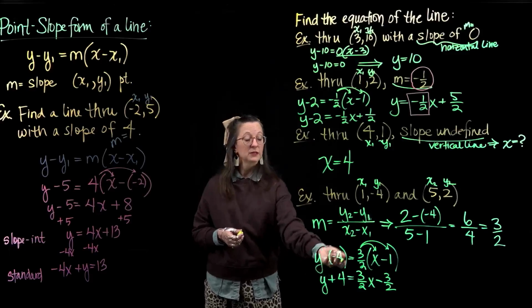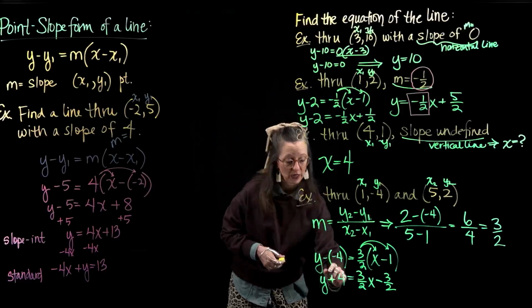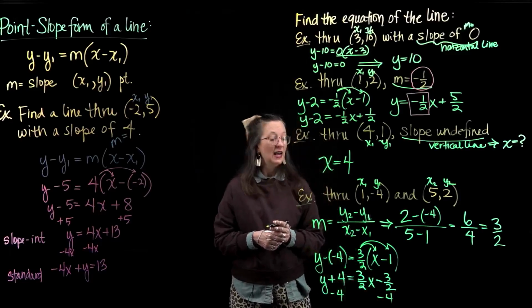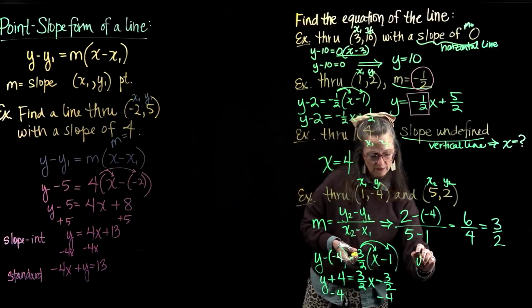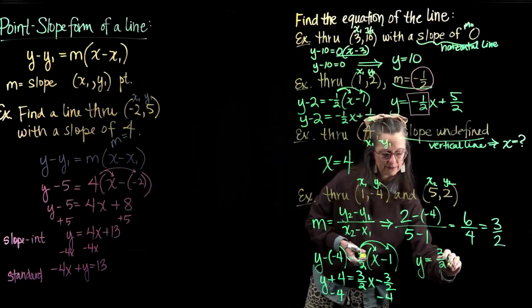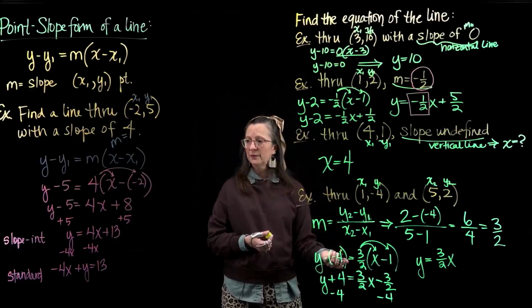All right, so I have y plus 4 is 3/2 x minus 3/2. I'm going to subtract 4 from both sides. And then we got a little bit of fractions to do here. So I have y equals 3/2 x, I have a minus 3/2 and a minus 4.